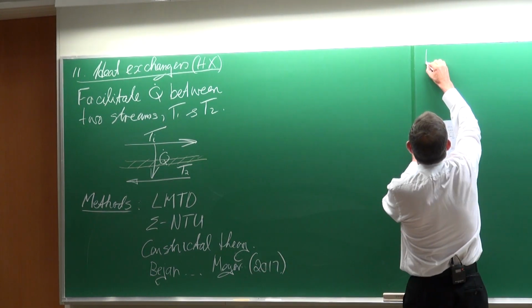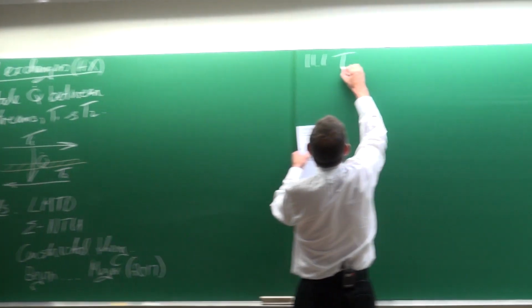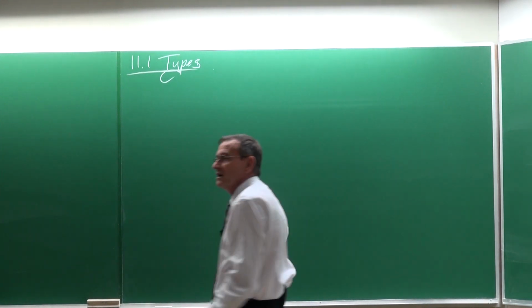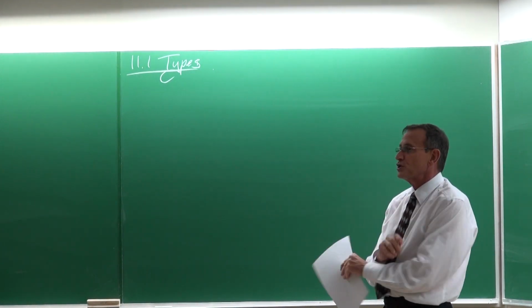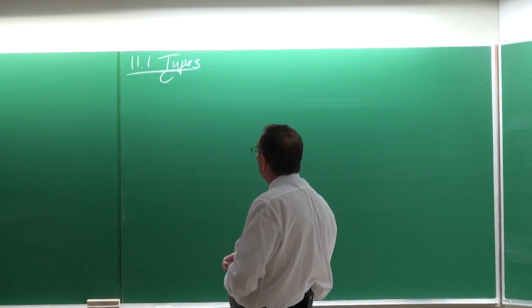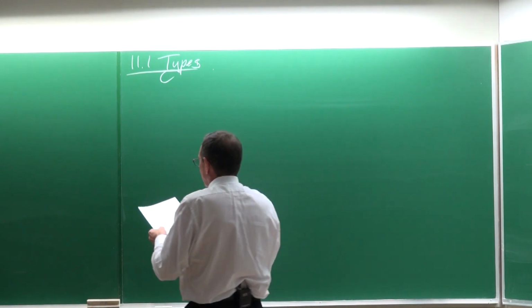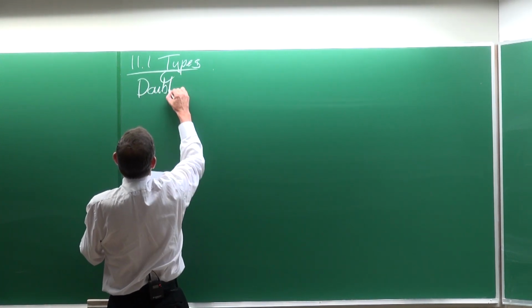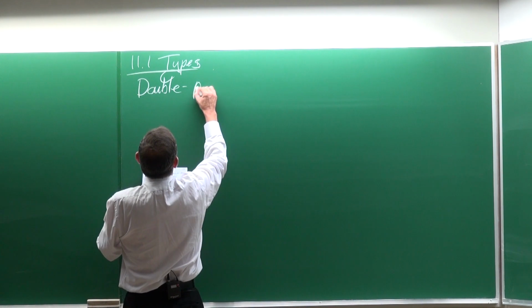In terms of types of heat exchangers, we are going to address most of this lecture on this topic, just as an introduction, so that you can know the different types of heat exchangers. The first type of heat exchanger is the so-called double pipe heat exchanger. A double pipe.